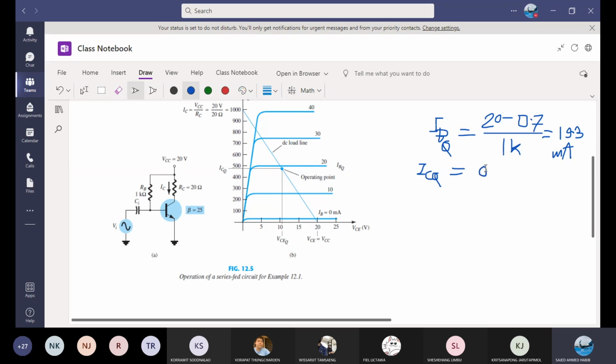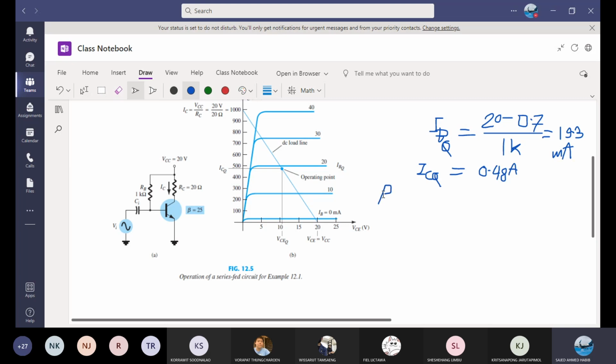ICQ is 482.5 milliamp, like 482 milliamp, which is 0.48 ampere. Once you find this, what can you do with this formula?